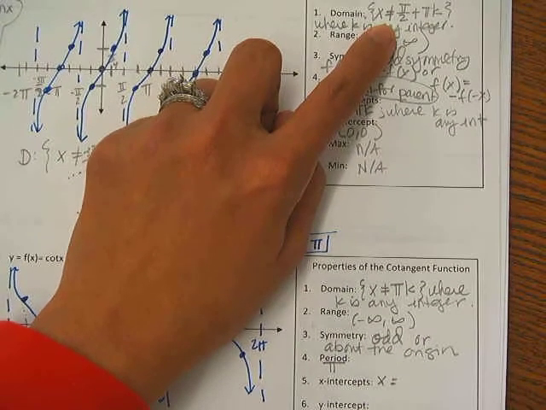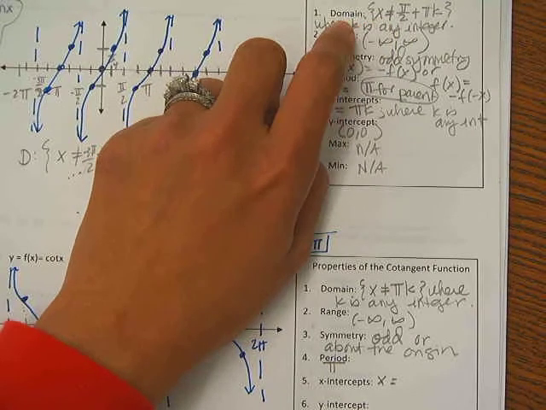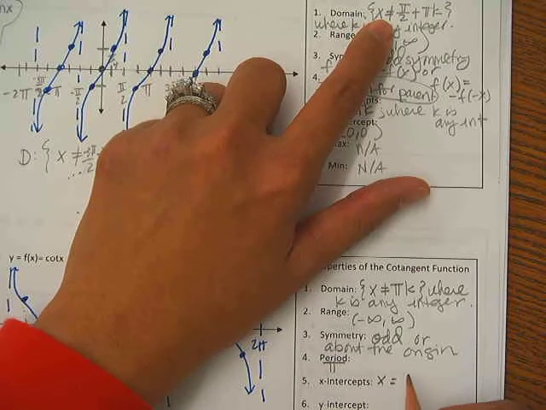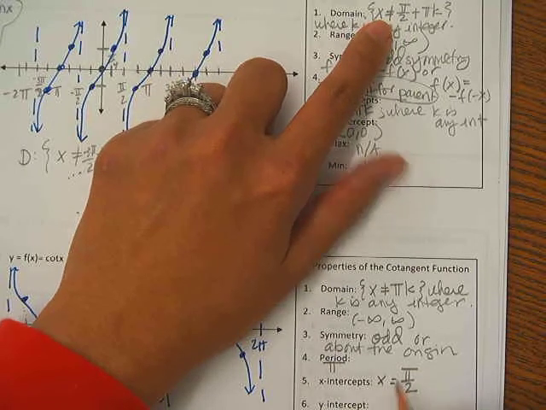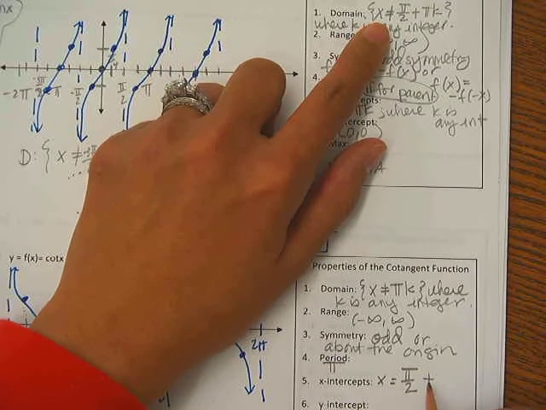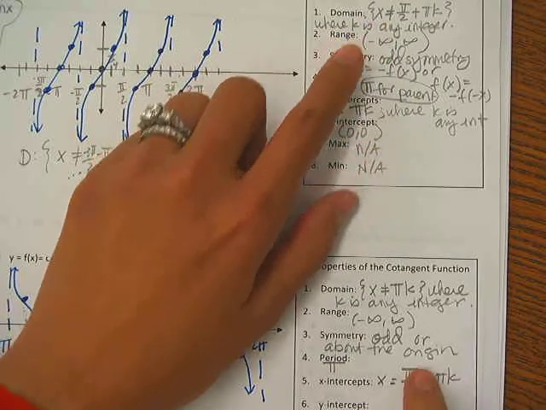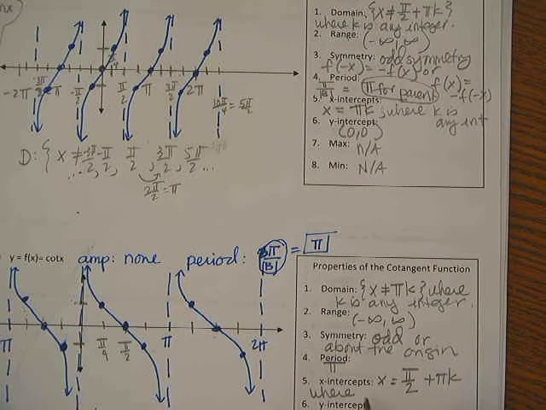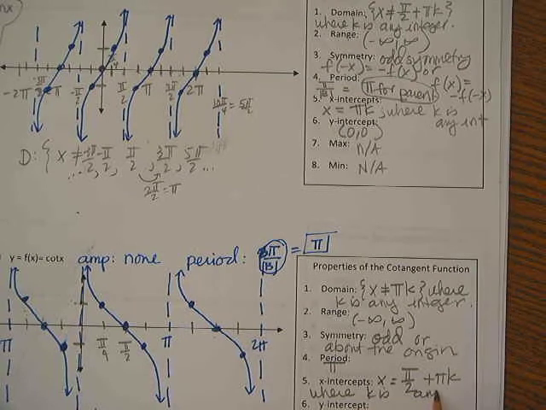It's exactly the same as the domain, except we don't say exclude. We actually want this equation. So the x-intercepts are at pi over 2 plus pi k. And keep in mind, this is not the only equation that you can write. You can write other different equations as long as when I grade them and test them out, they're still the same, where k is any integer.